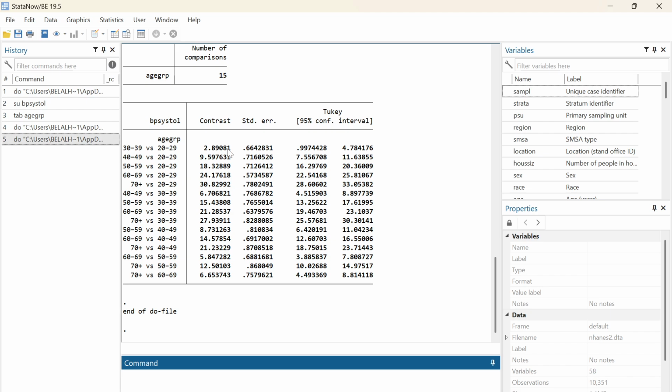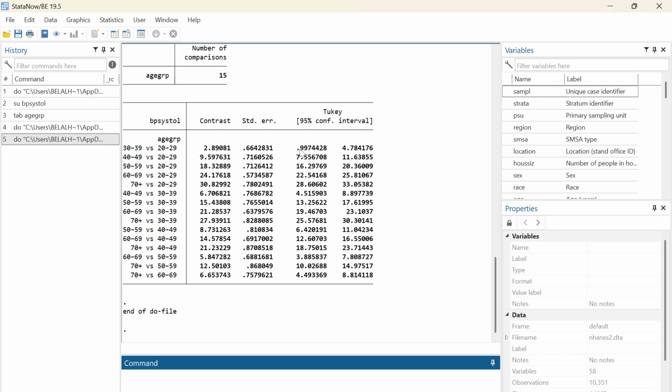Okay, and the most important thing is this 95% confidence interval. That's where the Tukey test shows whether the difference is significant or not. So you can see that for this value, we are 95% confident that this value falls between 1 and about 5.